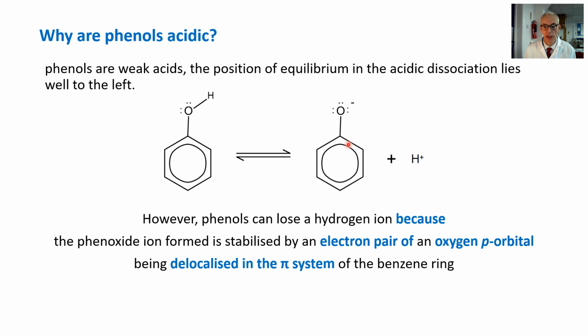And that means those electrons may be delocalized throughout that system, and therefore the negative charge, which in my diagram is located on the oxygen atom, is better thought of as being delocalized over the entire molecular structure, throughout the whole delocalized pi system, which now includes a p orbital from the oxygen atom.